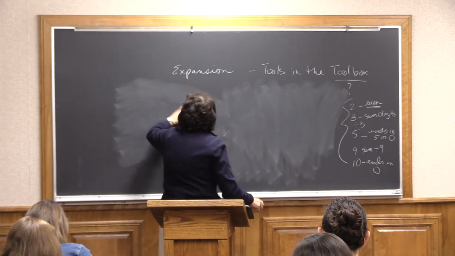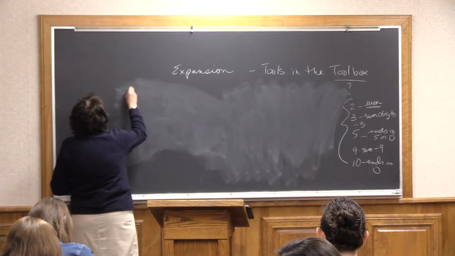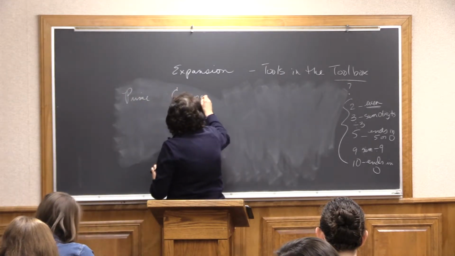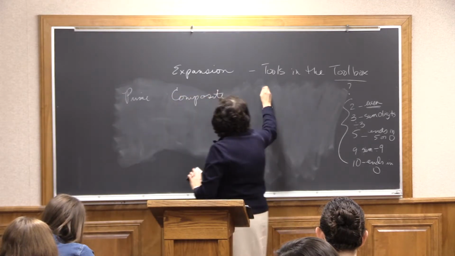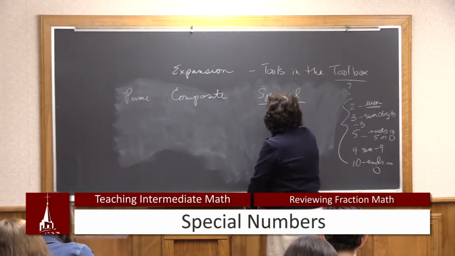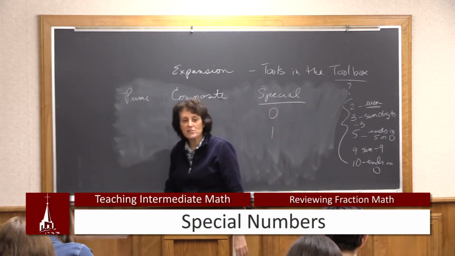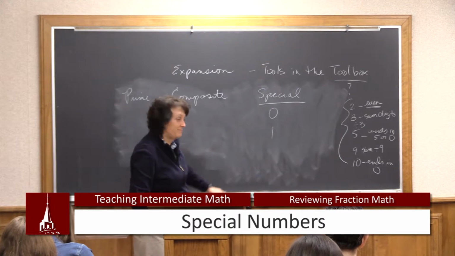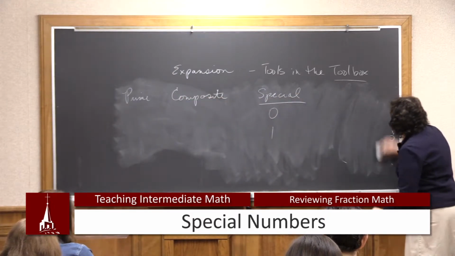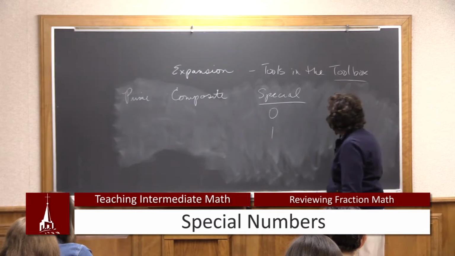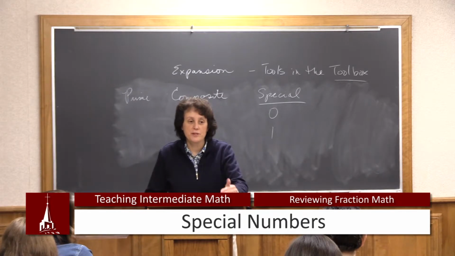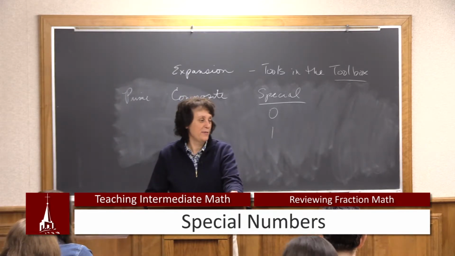We'll come back to the prime factoring, but we've got prime numbers, we've got composite numbers, and we'll do special numbers. 1 goes in the special number category, doesn't it? What is 1? If 0 is the additive identity, what is 1?